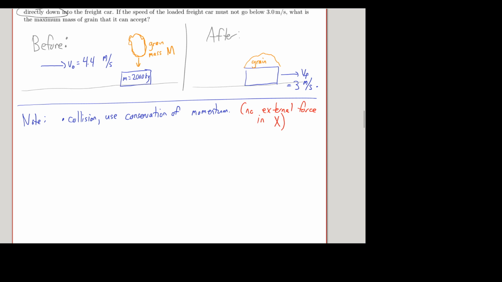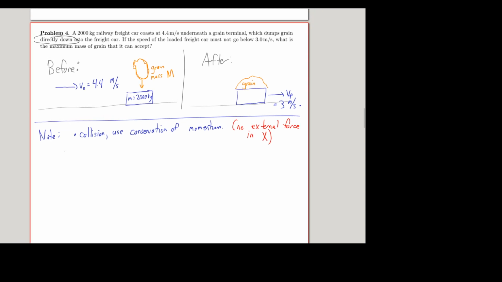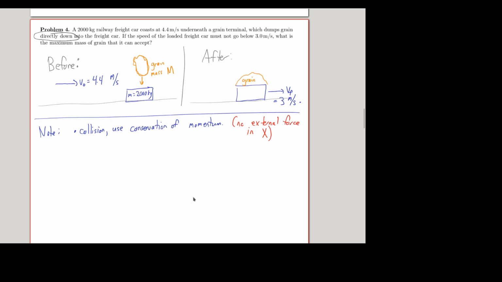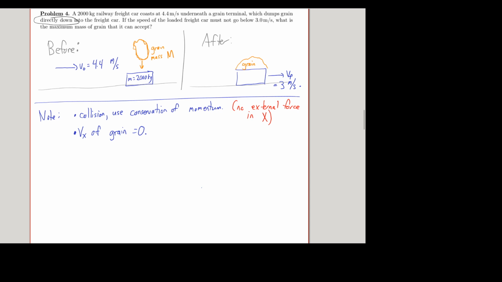So there are normal forces and gravity and stuff, but we don't care because we're just going to use conservation of momentum in X. And the Vx of the grain is 0.